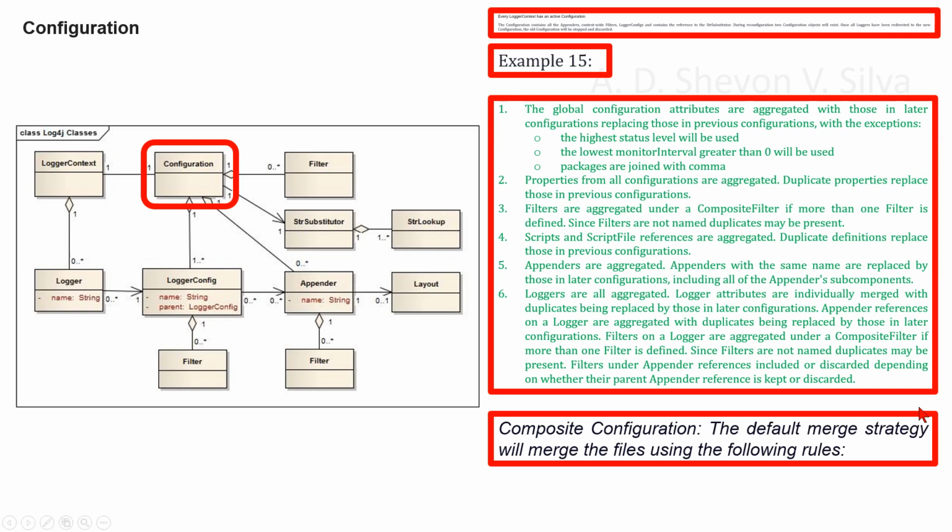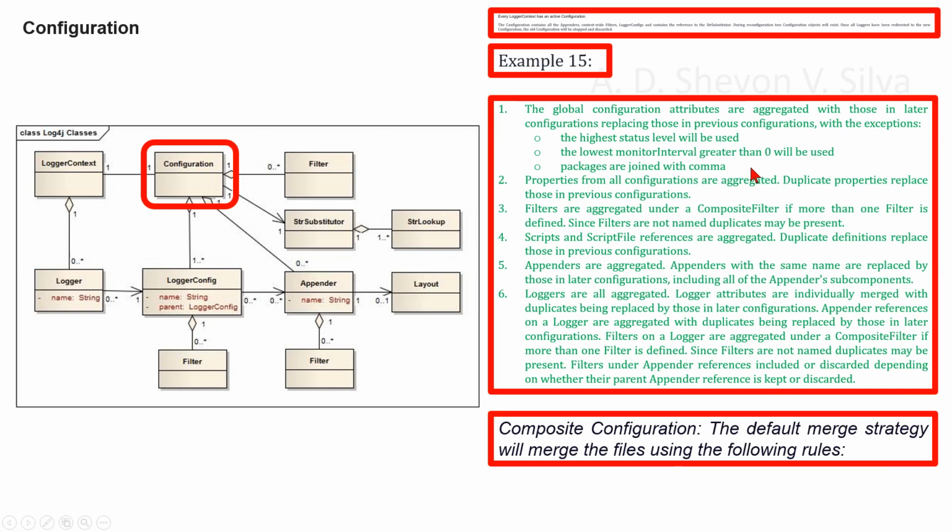The merge logic can be controlled by specifying a class that implements the MergeStrategy interface on the log4j.mergeStrategy property. The default merge strategy will merge the files using the following rules.